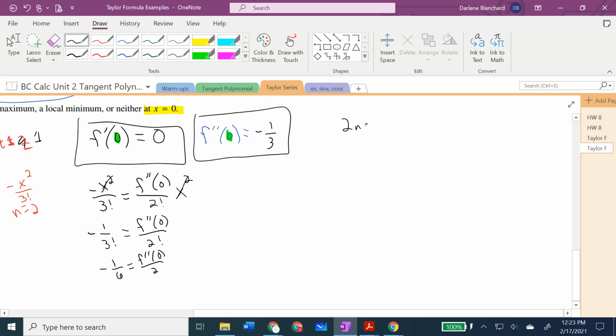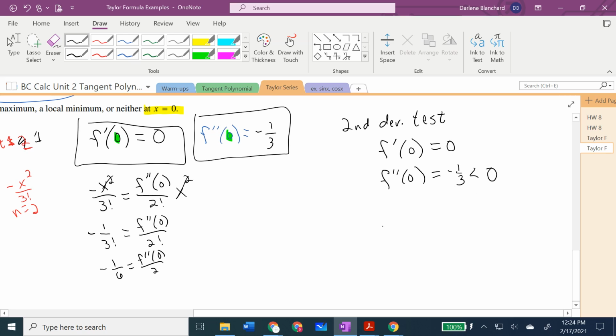When you use the second derivative test, you're looking at, is the first derivative equal to 0? Yes. What is the sign of the second derivative for that same number? It is negative.